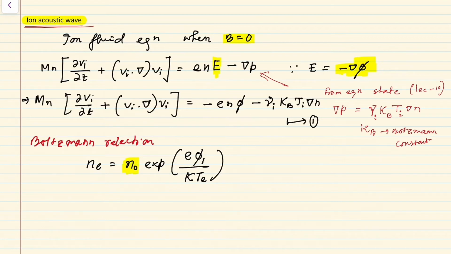Now you see, if you expand this by Taylor expansion, we will get n_0 times (1 plus e phi_1 by K T_e), and we will get more higher order terms.